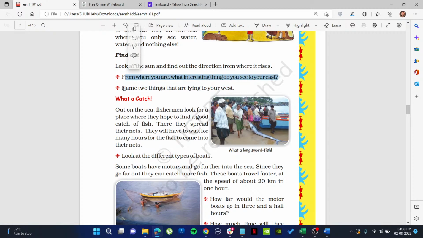Name the two things that are lying to the west. So these are the questions which you can consider as your homework. When it comes to direction, this east and this west are representing directions.